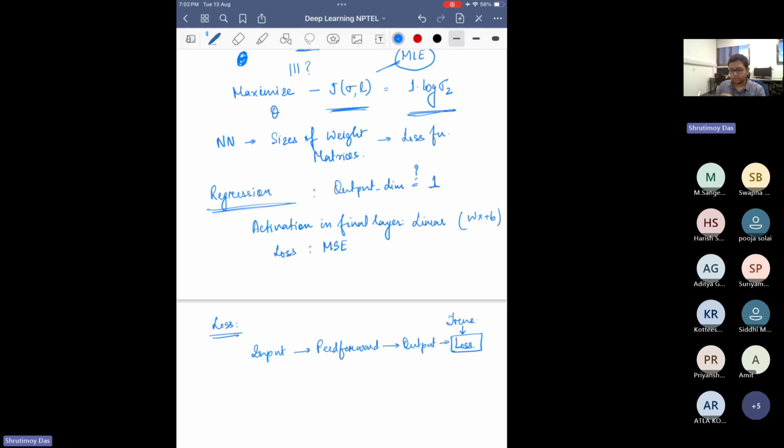If your loss is, say, 0, that is, in the first step itself your output is equal to the true labels, then we don't need to do anything else. We can just use this feed forward model to test. But life is not so easy, so your loss is never 0 in your first iteration.